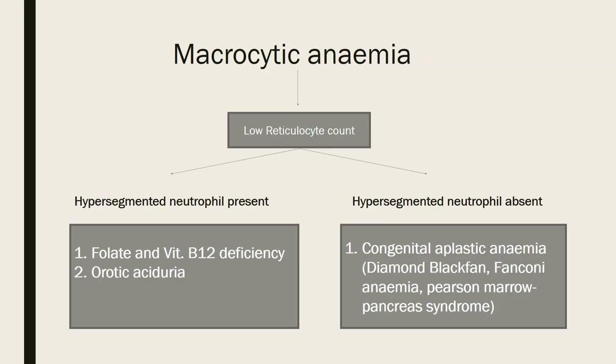Macrocytic anemia with low reticulocyte count is present and hypersegmented neutrophils are there, then think about folate, B12 deficiency and rarely orotic aciduria. If hypersegmented neutrophils are absent, then think about congenital aplastic anemia, which may be in Diamond Blackfan, Fanconi, or Pearson syndrome.